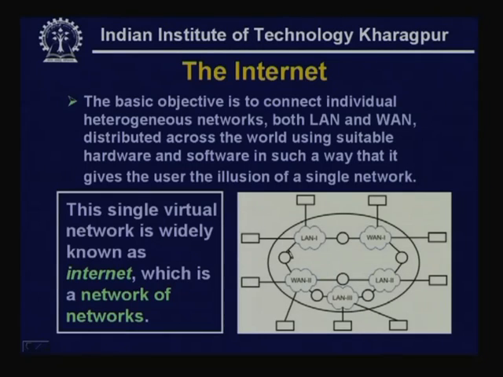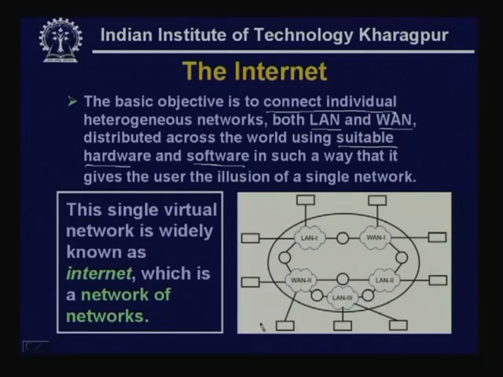And Internet. So, what is Internet? The basic objective is to connect individual heterogeneous networks, both LAN and WAN, distributed across the world using suitable hardware and software in such a way that it gives the user the illusion of a single network.